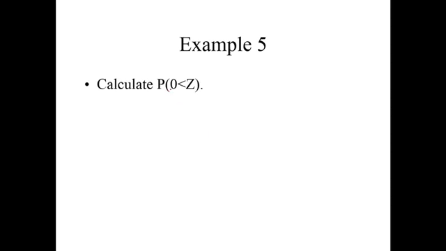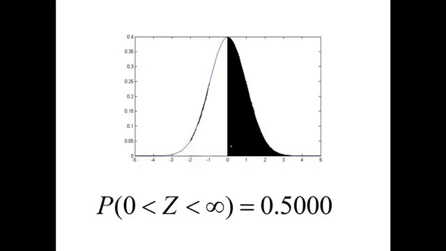Example 5. 0 is less than z. Well, what we have here is 0 is less than z. It's just everything on this side. And if I really want to put it in a three-piece inequality form, I can add this top piece and call it infinity.